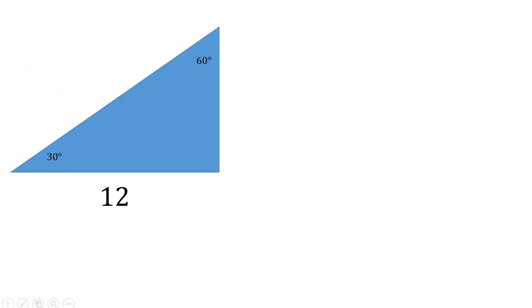The fun one looks like this, where we have a 30, 60, 90 triangle, and we're given the length of the long leg because it's opposite the 60-degree angle. The length of the long leg is 12. And if we recall the relationship, the value of the long leg of a 30, 60, 90 triangle is x times the square root of 3.